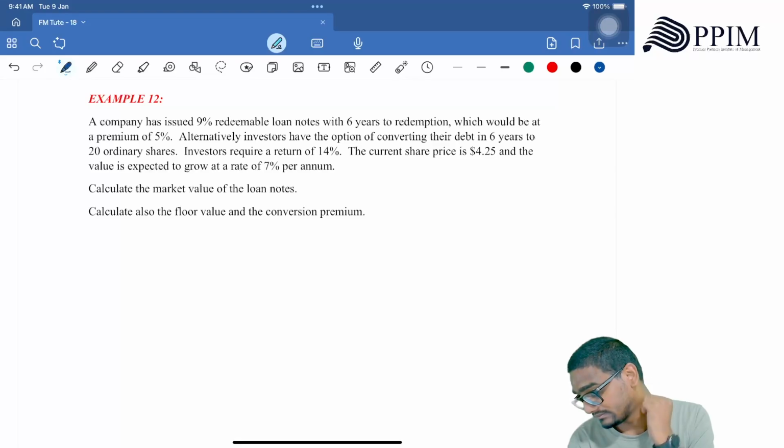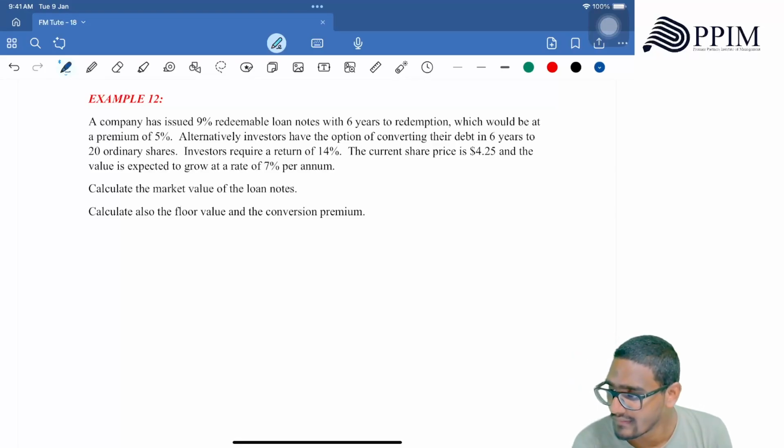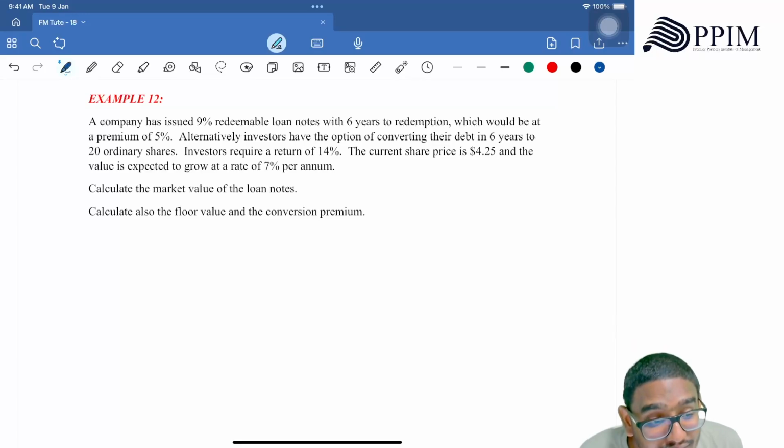So we have to choose the higher of the PV of interest and the share. How much did you get for that? 37.28. They are miles apart.